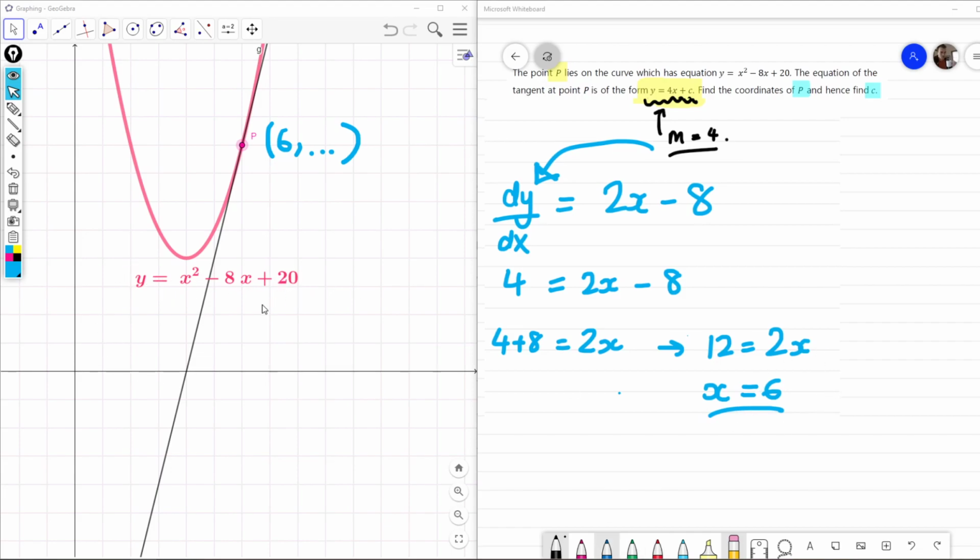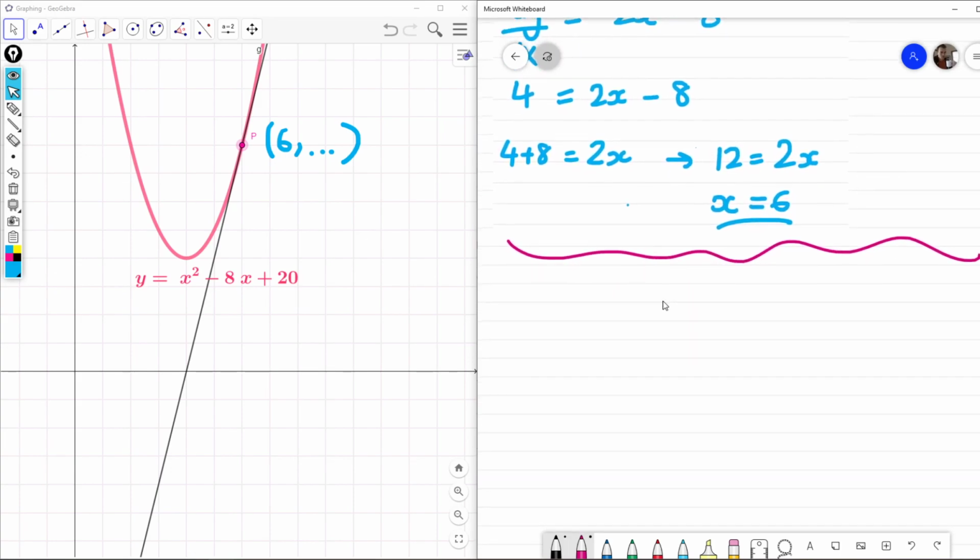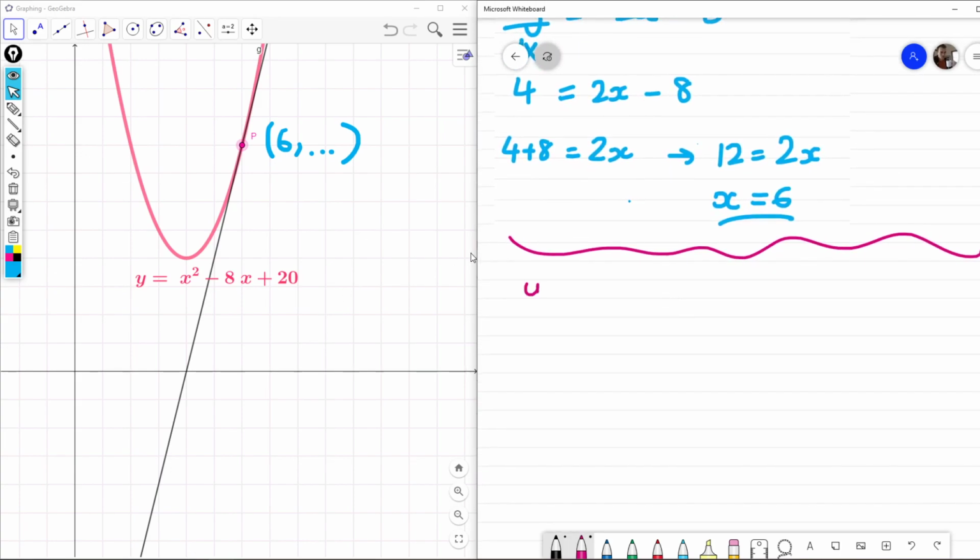So let's do that. I think I might need to scroll it down a little bit here. So the curve equation is y equals x squared take away 8x plus 20. I want to know the y value when x is 6. So I'm going to replace all of the x's with 6's.